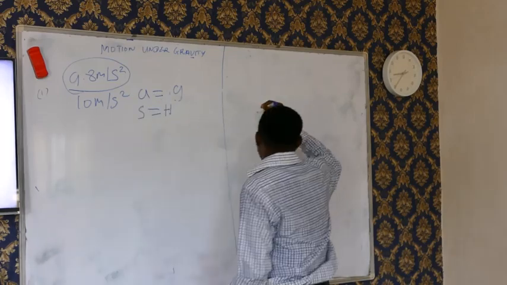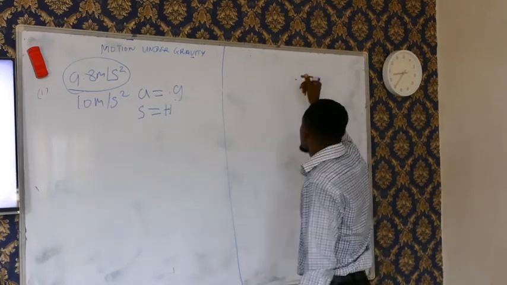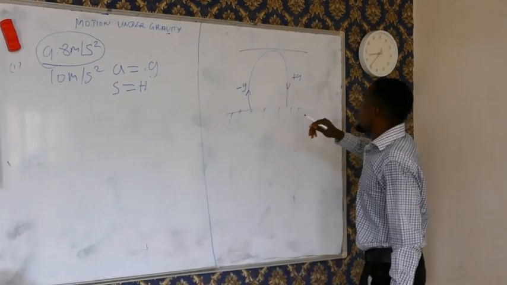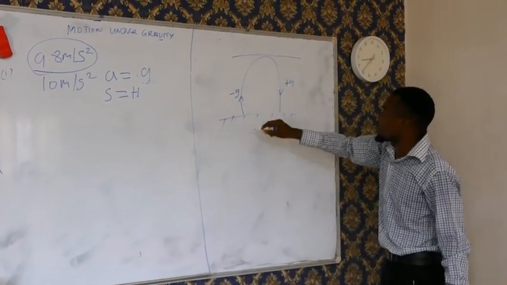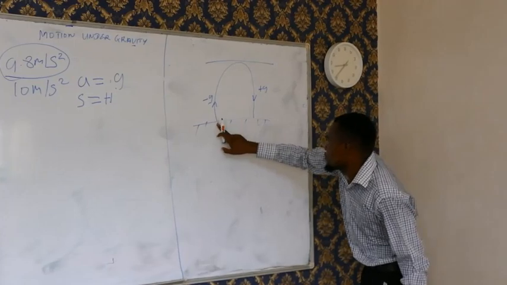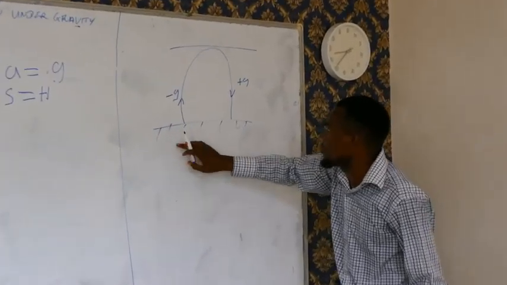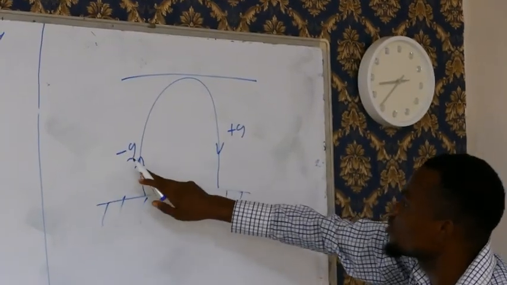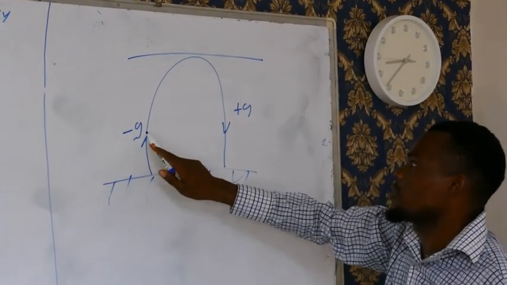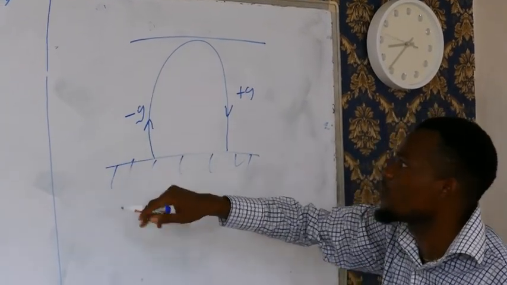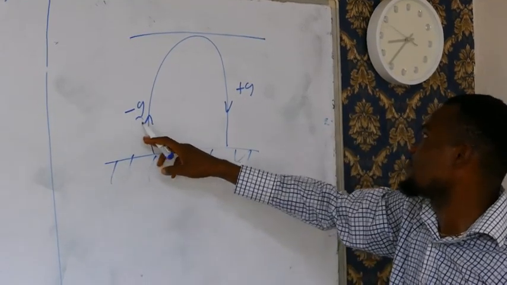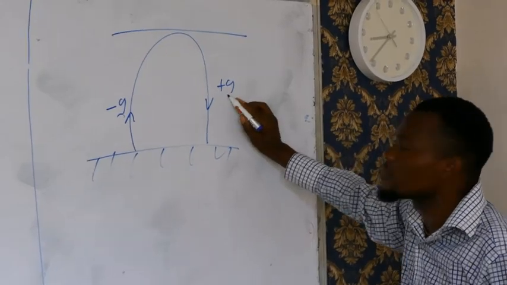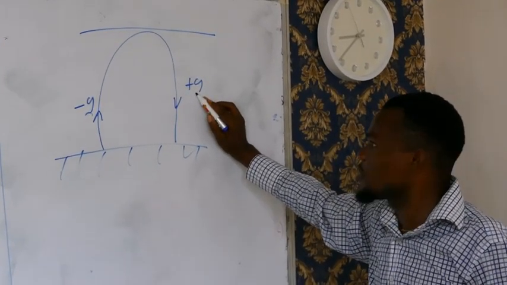Assuming this is the ground level, and the object lifts through this direction, it means that it is going against acceleration due to gravity. Therefore, g will be negative. But when it is falling from a height to the Earth's surface, g is positive. Take note of that.